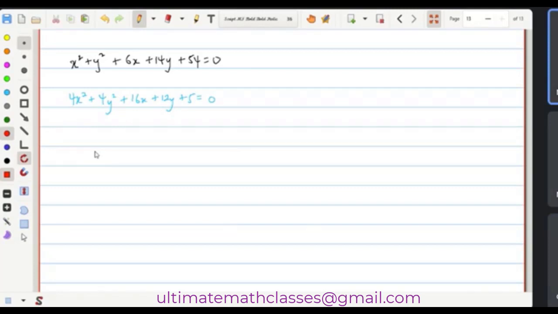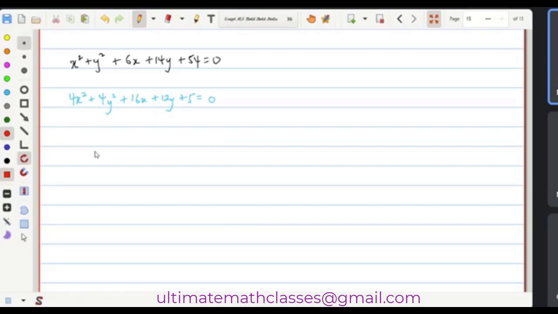Yes, -2, -3/2 is correct. Nice work. What's the radius? So the radius is... wait. The radius is root 5. That is very correct. Nice work. So it means I don't need to explain anything because you got it correct.